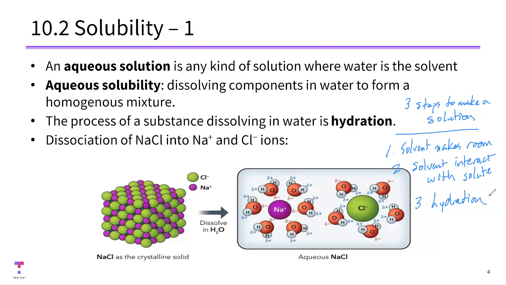So we haven't talked about this idea specifically about polarity or about charges in terms of intermolecular forces. But what we do know about water is that it is polar. And so being polar, that means that there is a positive side of water, that side around the hydrogens, and there's a negative side of water, that side around the oxygens.